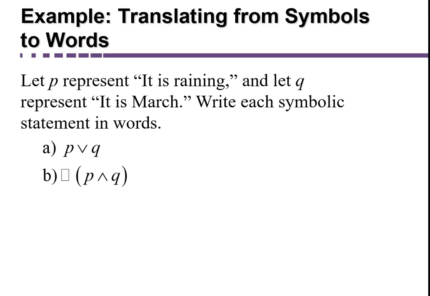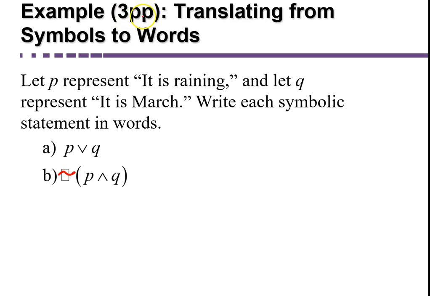Now here, in this example, and this should be considered example 3, we're going to start converting from English into symbolic logic, where we're going to say, let the letter P represent it is raining. So this is going to be P, this statement.